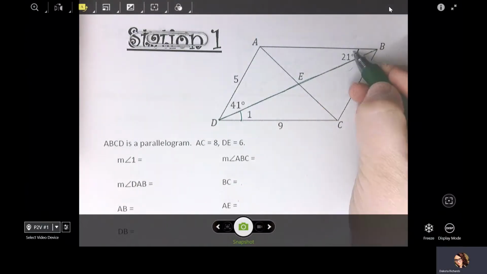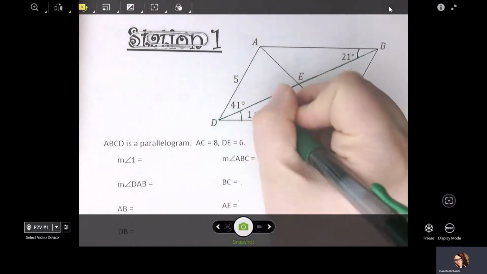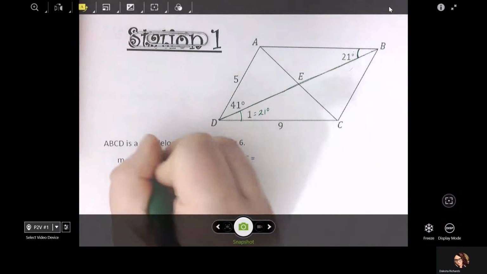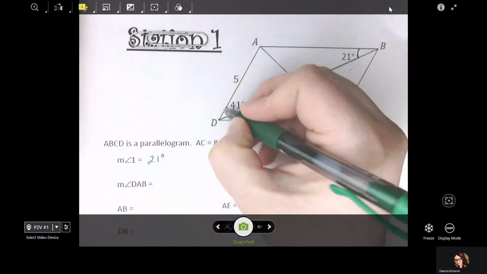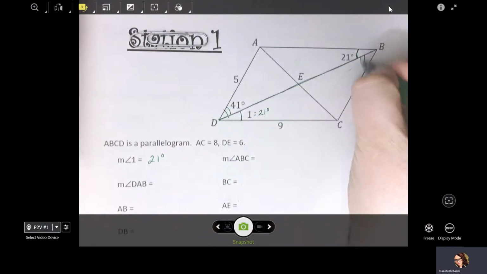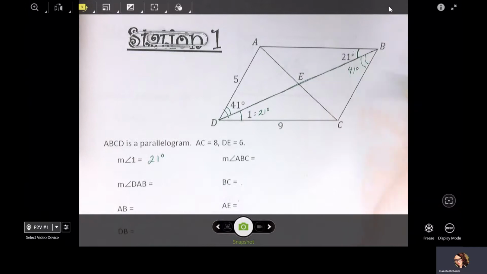So we have alternate interior angles. So the measure of angle 1 is just 21 degrees. And then if you look here as well, these are alternate interior too. So this would be 41 degrees here.